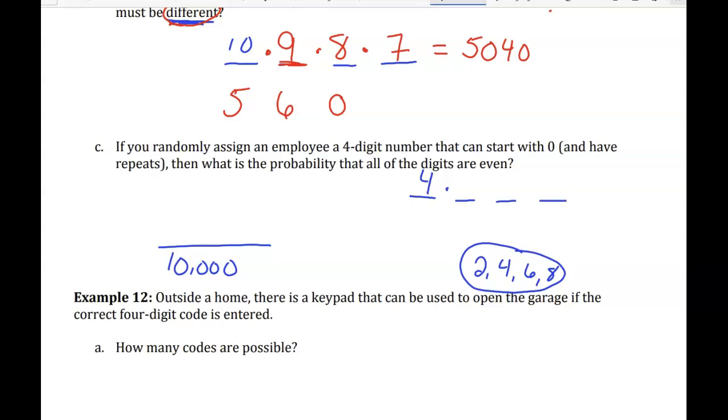That would be 4, 4, 4, and 4, which would give me 256 possible 4-digit numbers where all the digits are even. So my probability would be 256 divided by 10,000, which would be 0.0256.